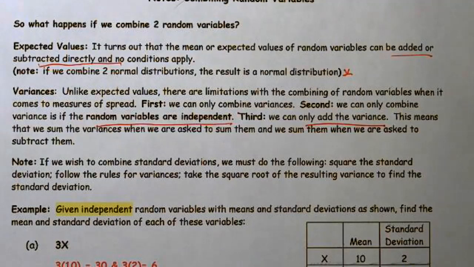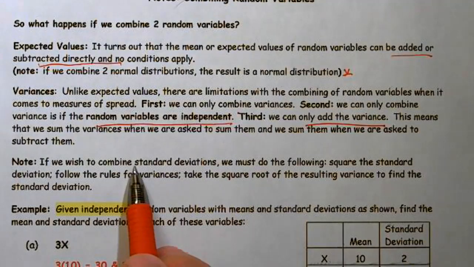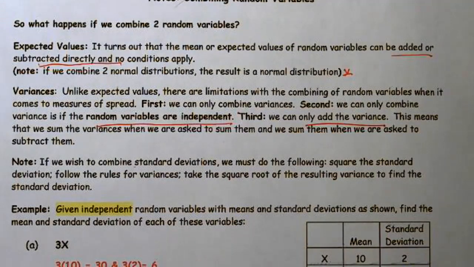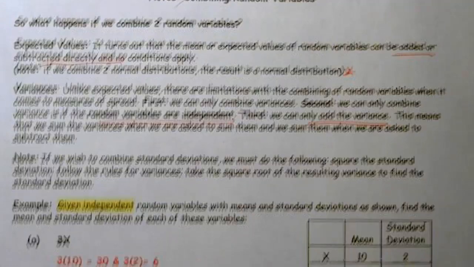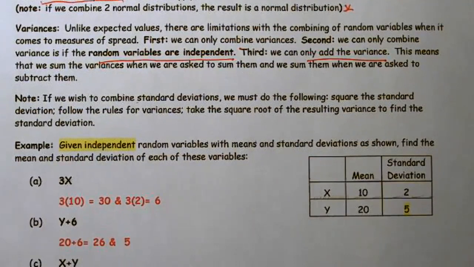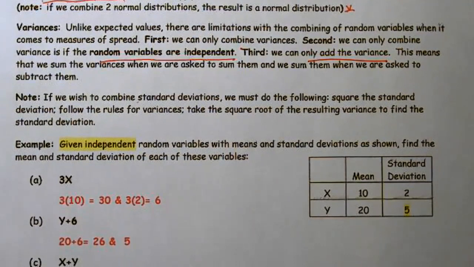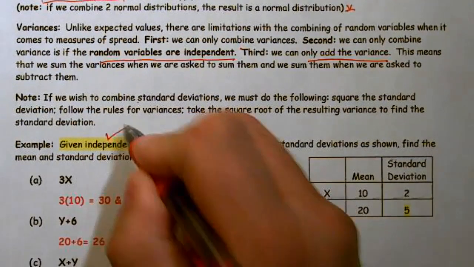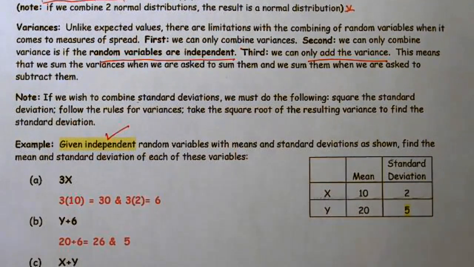And like I said just a moment ago, if we wish to combine standard deviations, we must do the following. You have to convert it to a variance, then sum it, and then come back and take the square root of it. So, given independent random variables, and they've told us they're independent, so we can combine them with means and standard deviations as shown below, find the mean and the standard deviation of each of these variables.